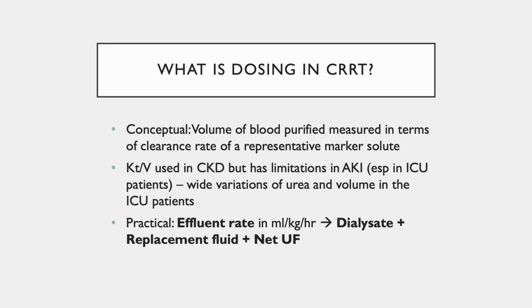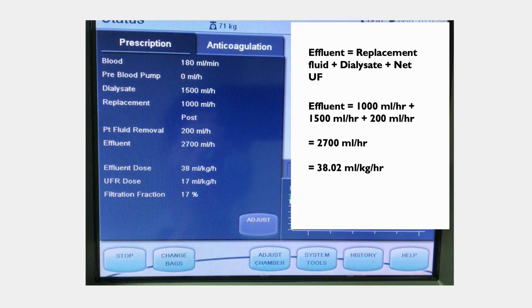So using CRRT, your dose is essentially the total effluent rate measured in terms of mLs per kg per hour, and it takes into account the dialytic component, the hemofiltration component that is measured in terms of replacement fluid, as well as the net ultrafiltration. So this can be seen here in this renal replacement therapy prescription that is shown on the screen.